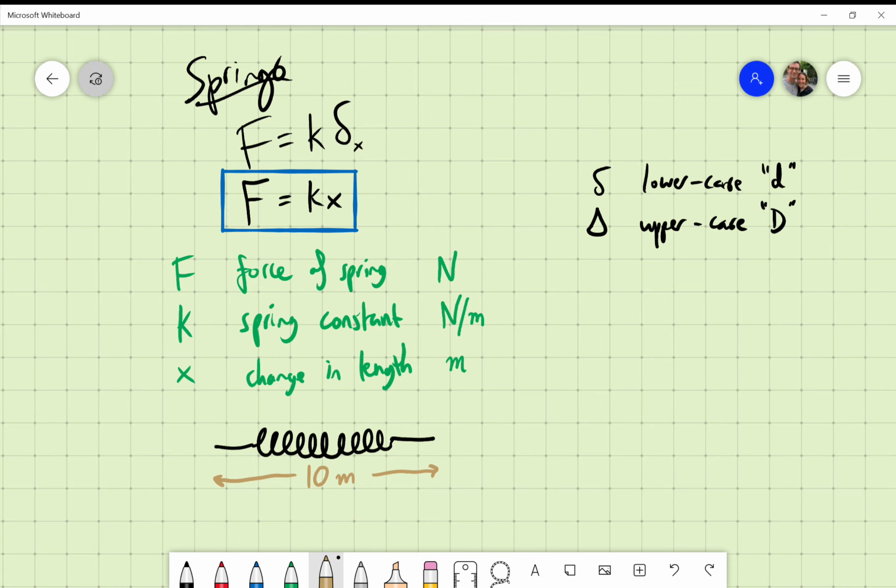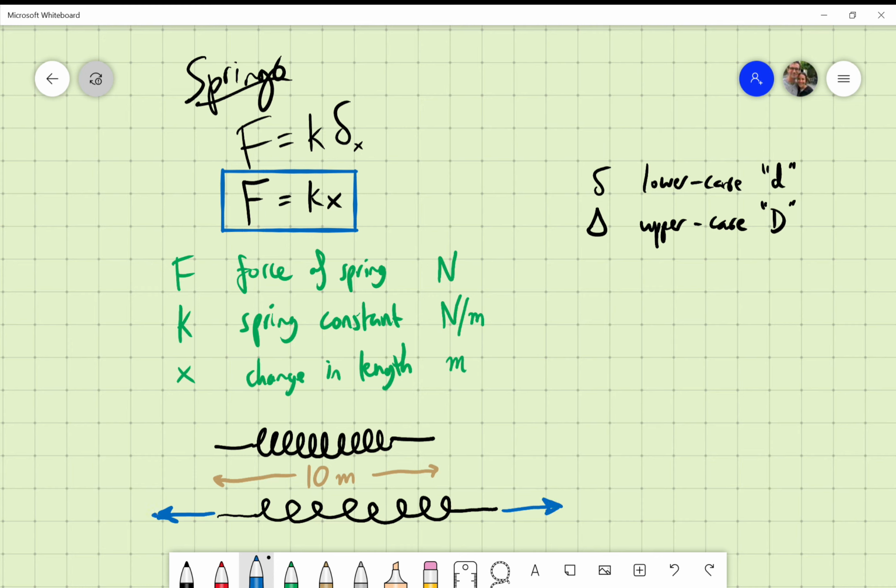Now, this 10 meter long spring, you might walk up to that spring and subject it to a kind of tug of war. You pull on it. Let's say you pull both ends, and like any good physics tug of war, it's the exact same force on both ends.